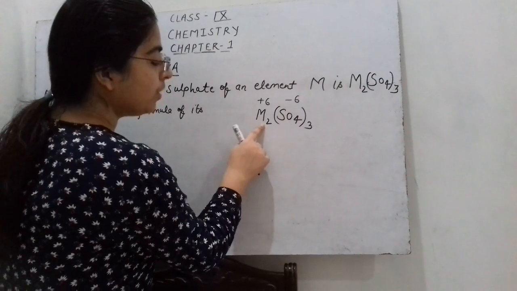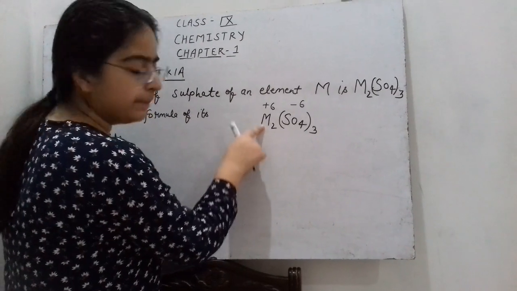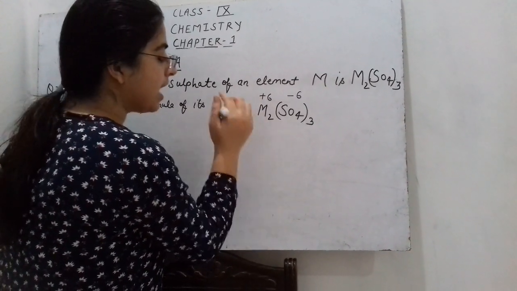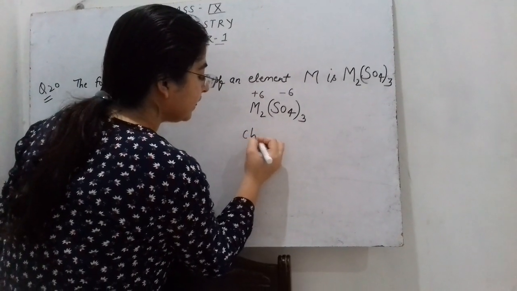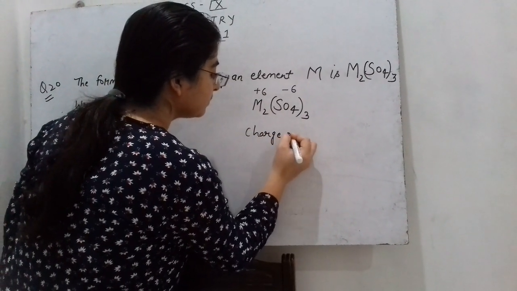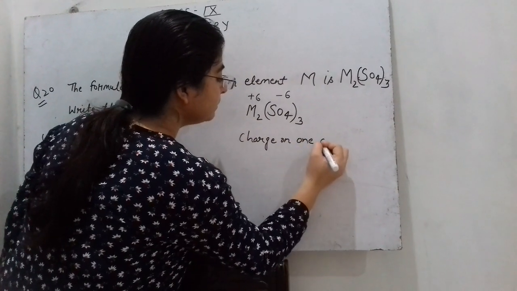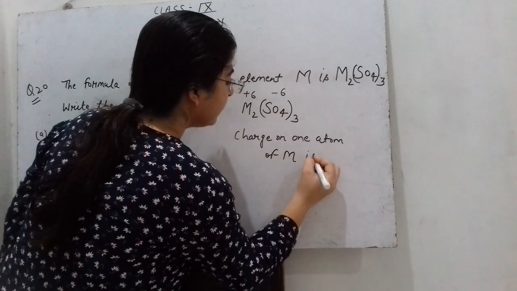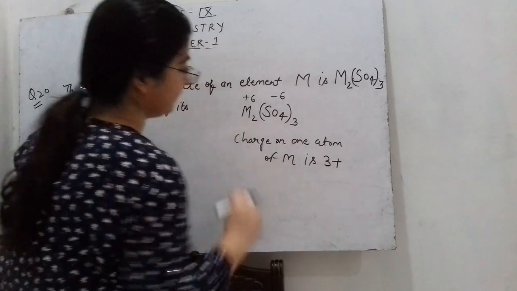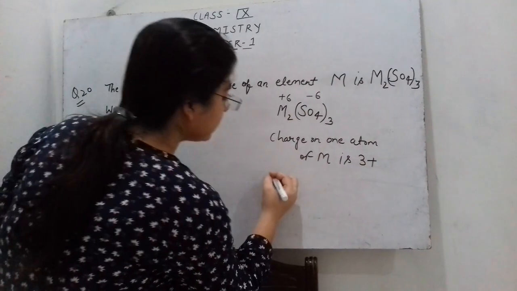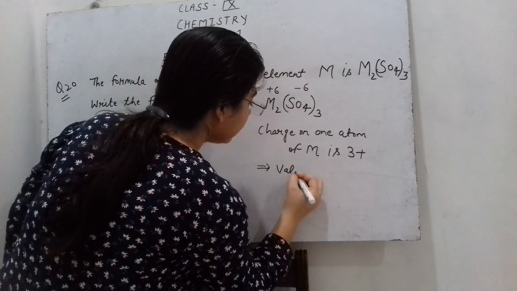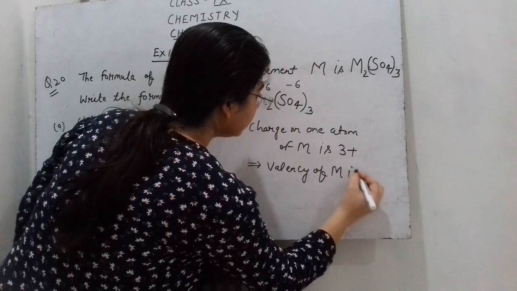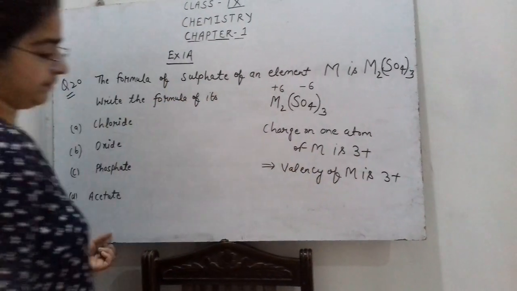Now for 2 atoms of the element M, the charge is +6, therefore the charge on one atom of M will be +3. And in this way we can say that the valency of M is +3.